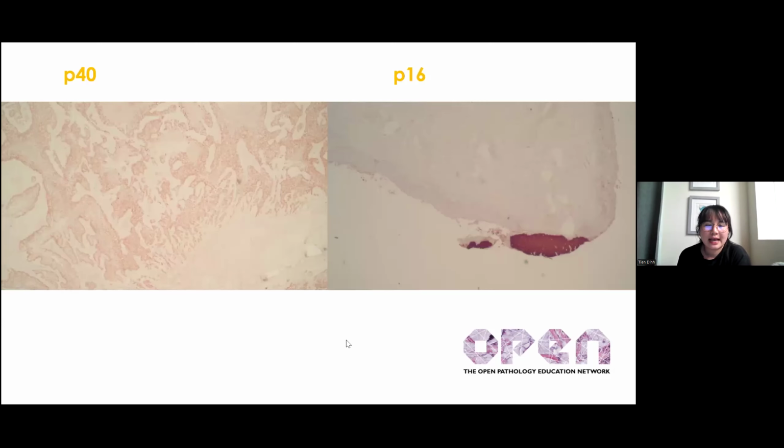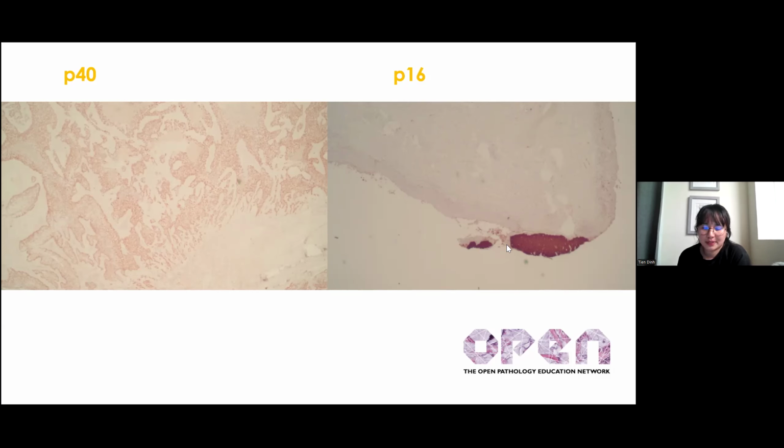In this case, we did P16 and P40. P16 we usually know as a tumor suppressor protein, and it is known to inhibit cyclin dependent kinase.